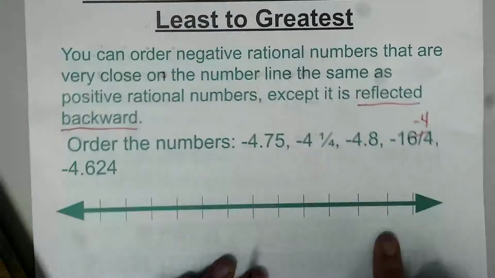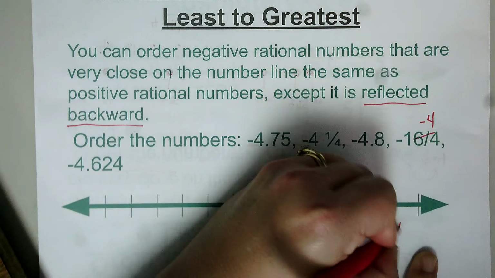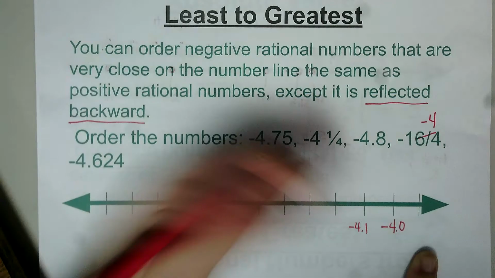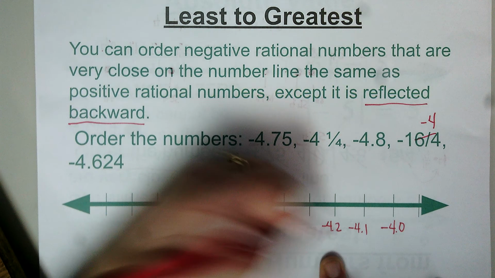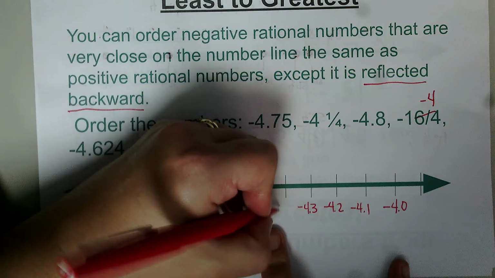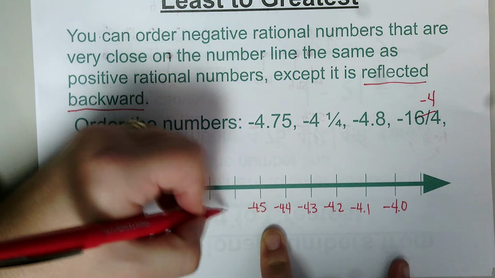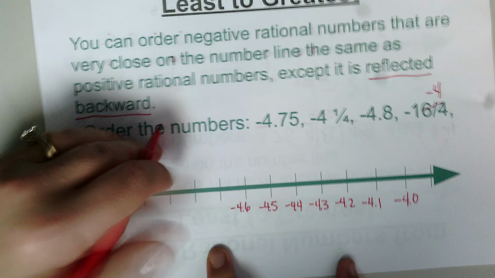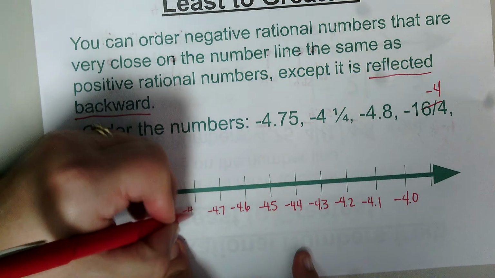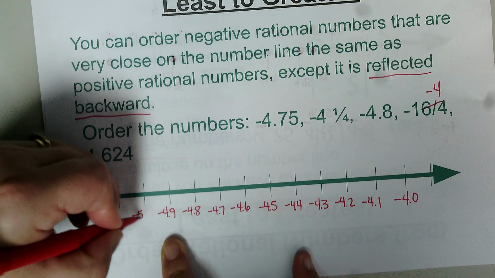So I'm going to start here instead of over here, and I'm going to say -4.0, -4.1, -4.2, -4.3, -4.4, -4.5, -4.6, -4.7, -4.8, -4.9, and -5.0.